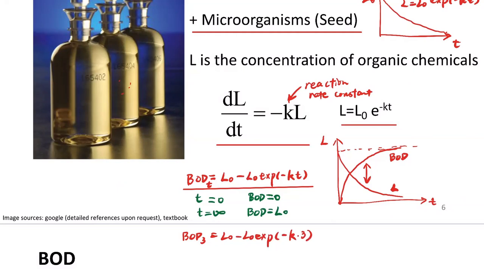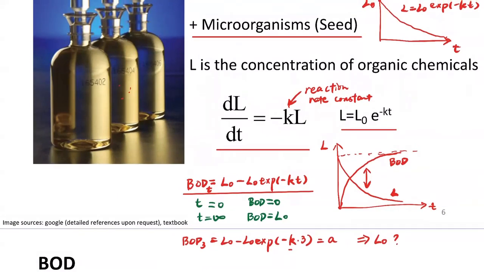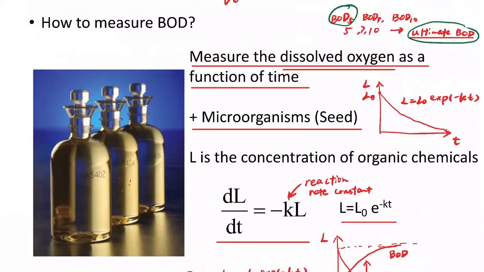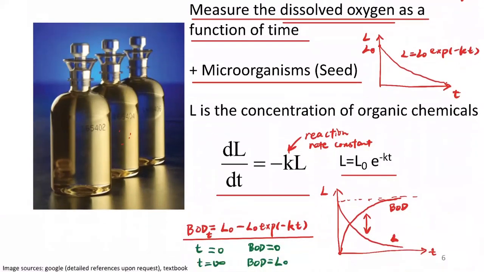Let's say this value is equal to A. If you further know what K is, then you can calculate L0. In this way, even if you just did the BOD measurement for 5 days, 7 days, or 10 days, you can calculate the ultimate BOD. You don't need to wait for an entire year to determine the BOD value of the wastewater.